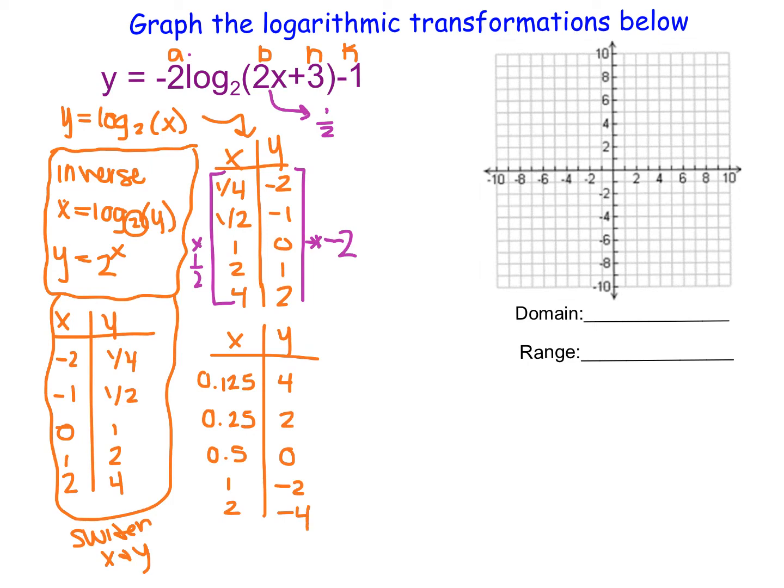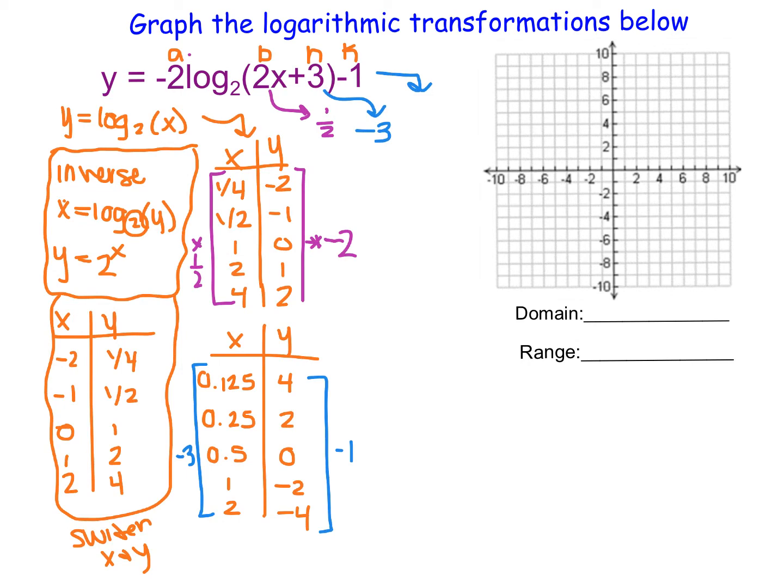Now the last things we're going to apply are h and k. Remember, h works opposite of what we expect. That means we're subtracting 3 from all of the x values, and k is going to move the whole graph down. So we're going to be subtracting 1.